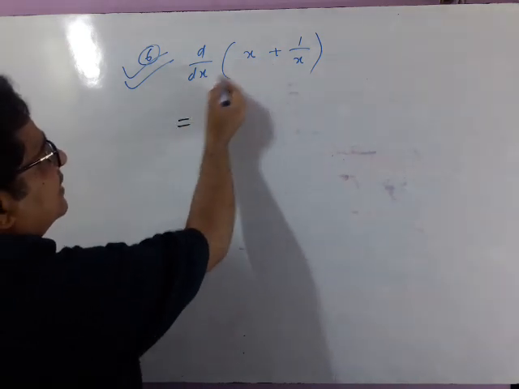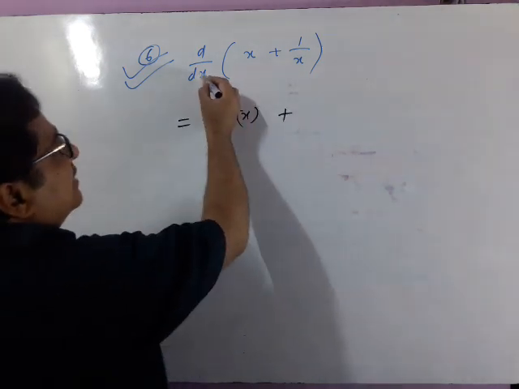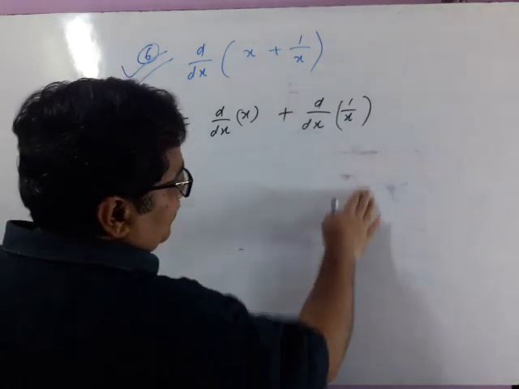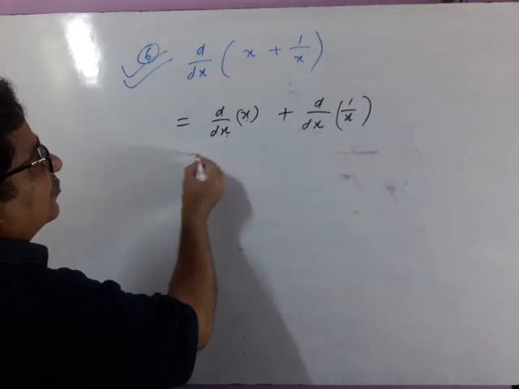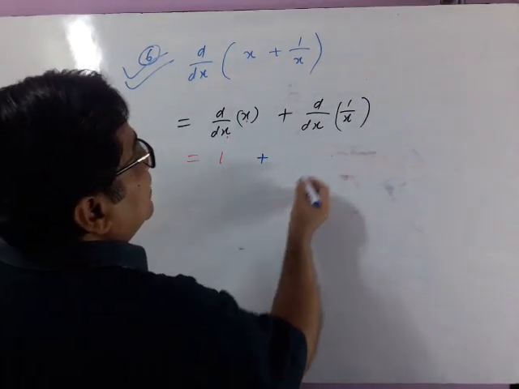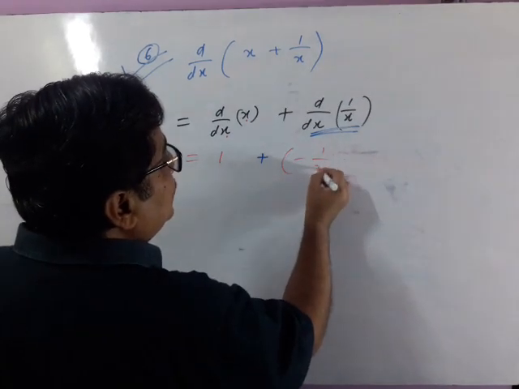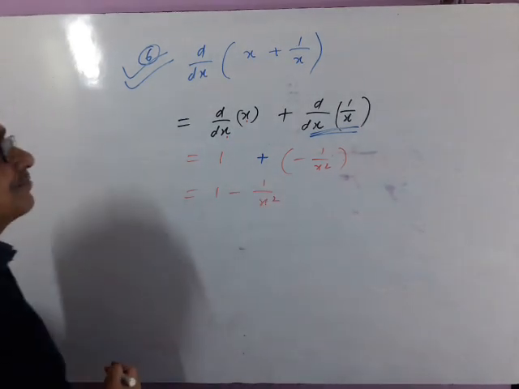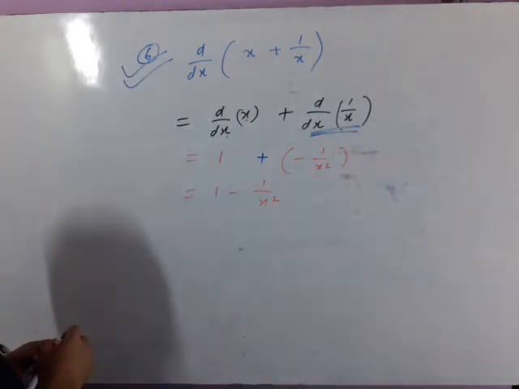Similarly we open the bracket: differentiation of x plus differentiation of 1 by x. Now you should remember all the formulas. Then you can say differentiation of x with respect to x is 1, plus differentiation of 1 by x is minus 1 by x square. So the answer will be 1 minus 1 by x square. Are you getting it? You must know how to apply this from the previous page.